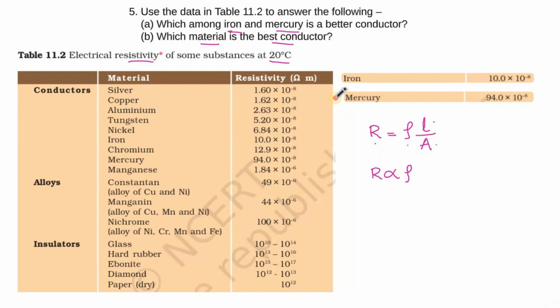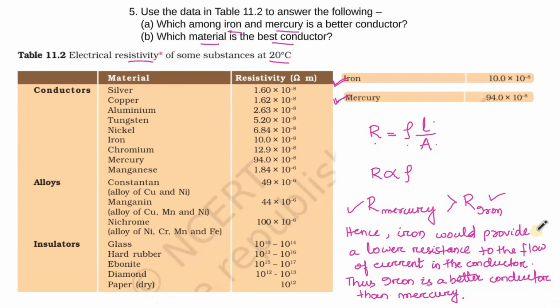Here we see that the resistivity of mercury is more than that of iron. Hence, the resistance of mercury is greater than the resistance of iron. Hence, iron would provide a lower resistance to the flow of current in the conductor. Thus, iron is a better conductor than mercury.